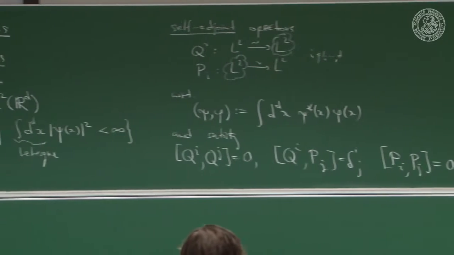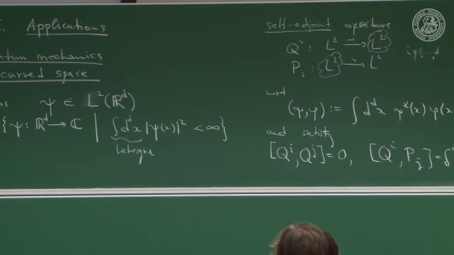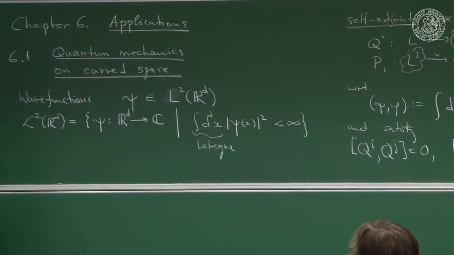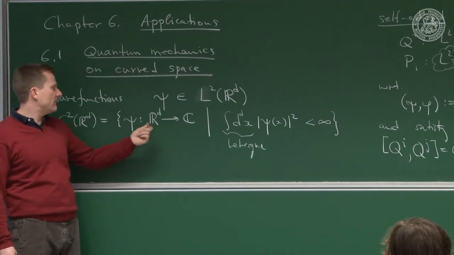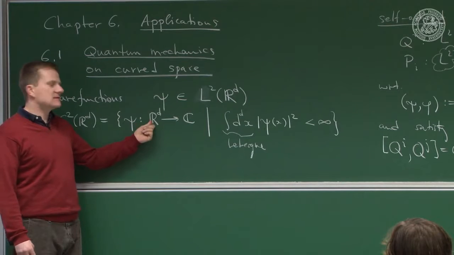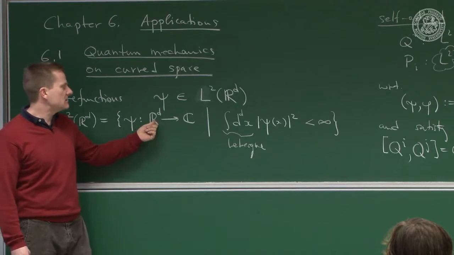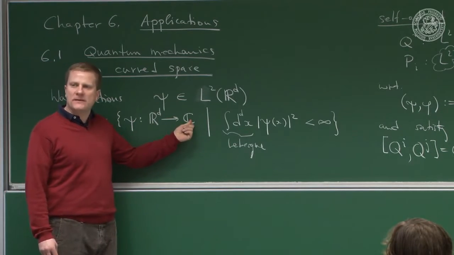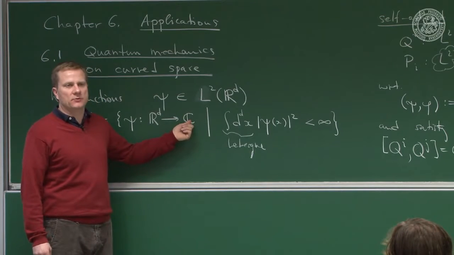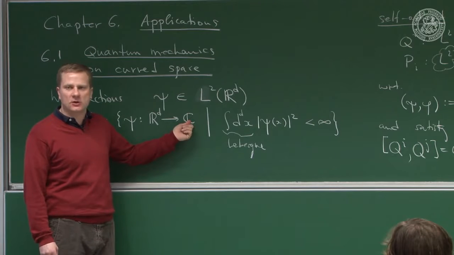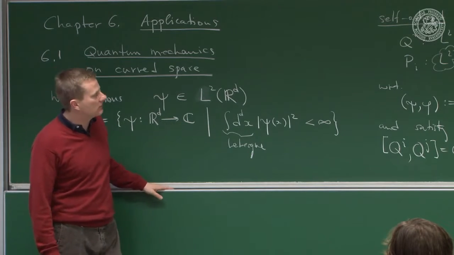What will be the issue here is that it's very often said that the wave function is a function on some physical space, a complex valued function. Well, it turns out that this is an untenable point of view. This is simply not correct. So it's already the starting point that causes us some trouble.